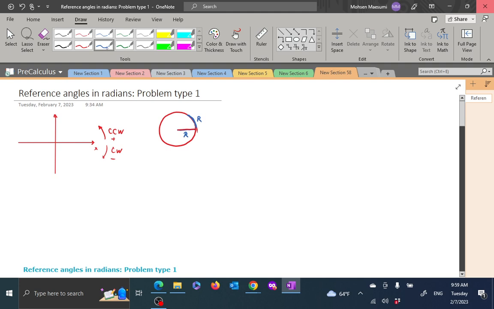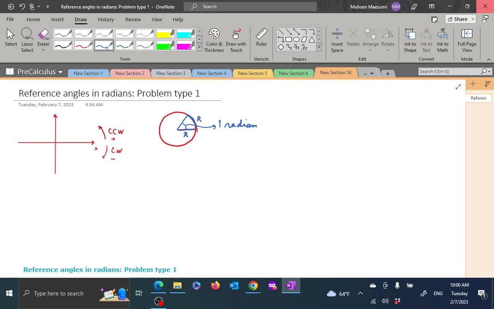When we connect this to the origin, this is 1 radian. It's a little bit perhaps strange looking unit, but that's the most natural unit we can consider.